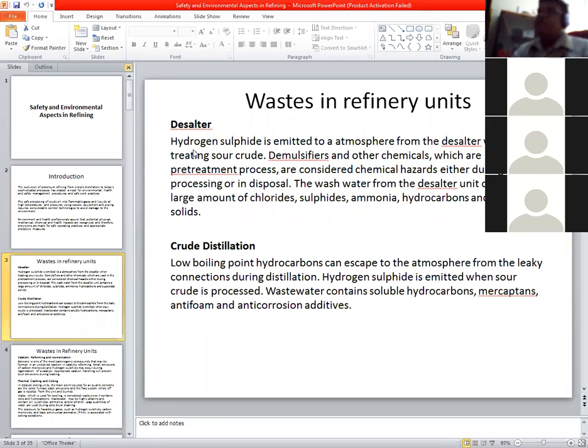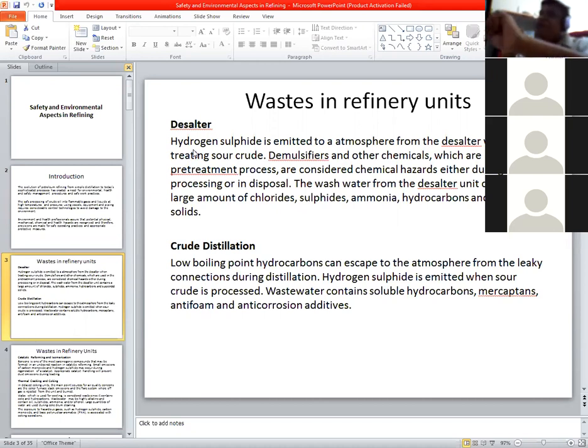You might recall that crude oil can be classified as sour crude, sweet crude, medium crude, based on API value and sulfur content, because the main impurity in the crude oil itself is sulfur.